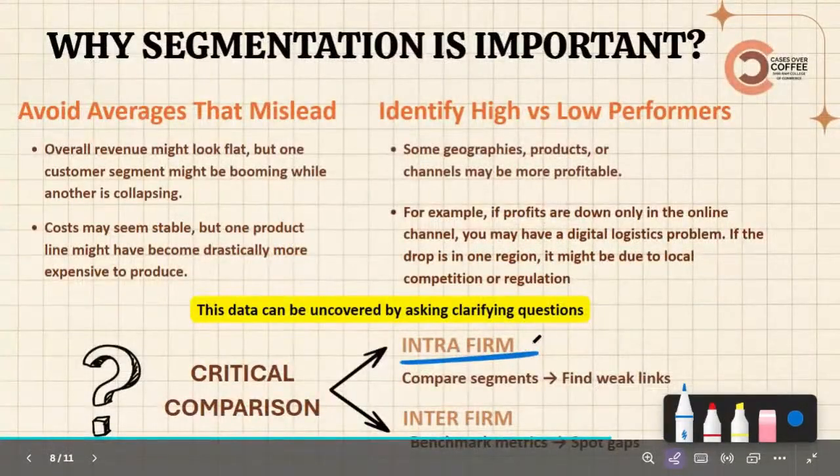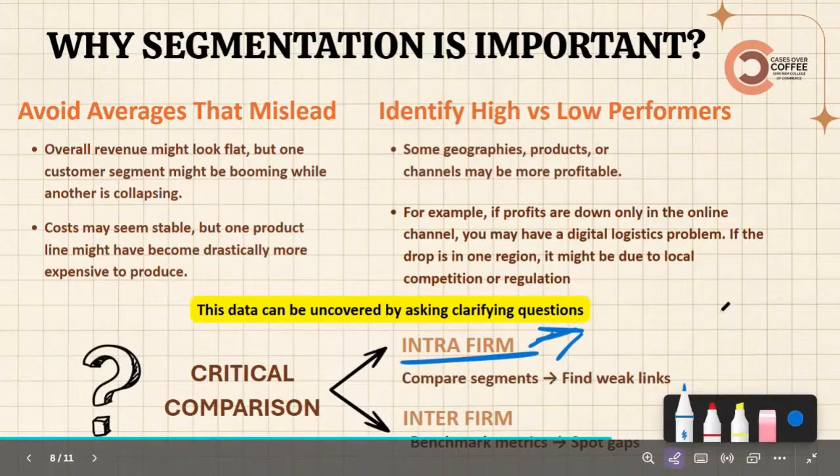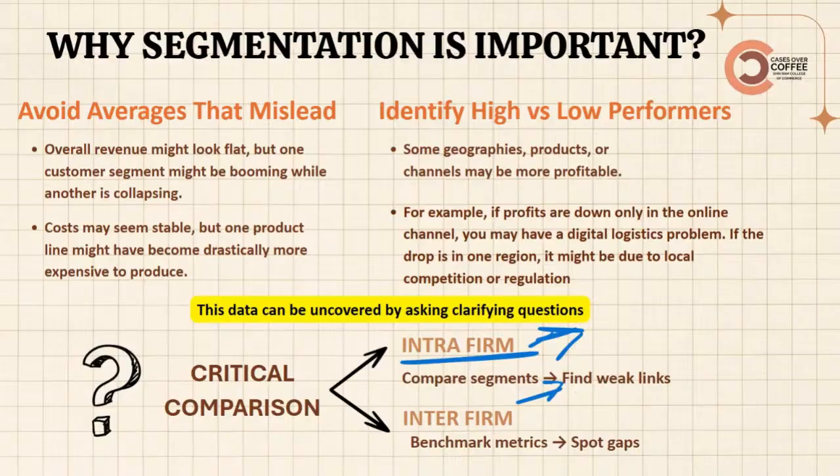For example, in intrafirm, we compare with our previous year's performance, and then we try to find out where the problem lies and what the weak points of the organization are. And in interfirm, we compare with, for example, a competitor, and then we try to find out where the problem lies. So this actually helps a lot when we are working on cases.